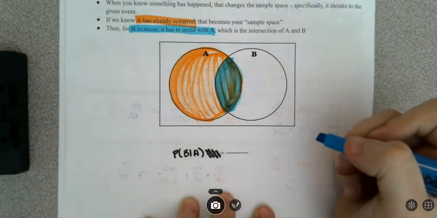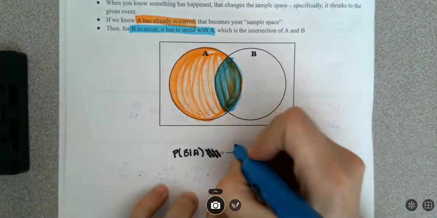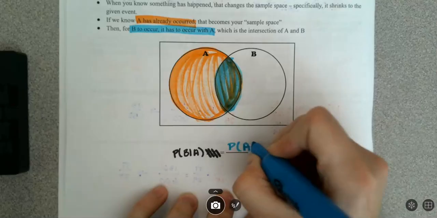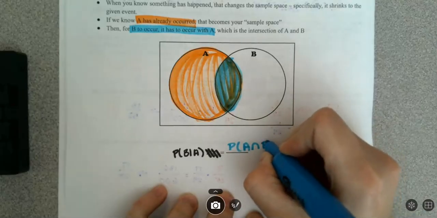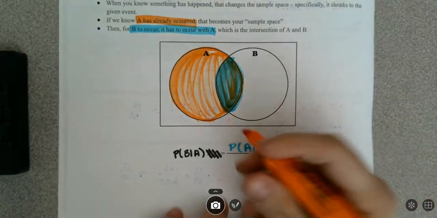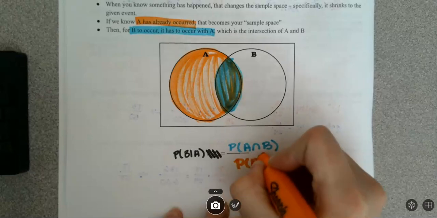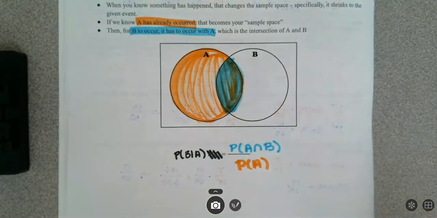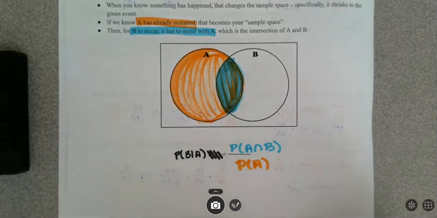I'm using my highlighter to continue with the color coding because I know you guys love the color coding. A and B divided by the probability of A. So we only want B happens given A. All right.